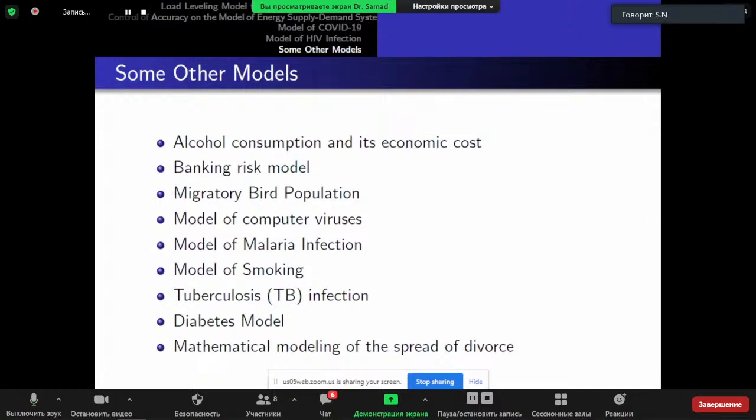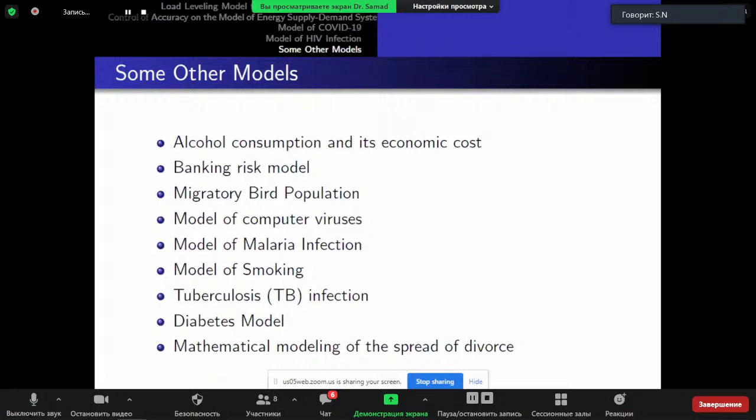But the models are related to social science, economics, and also environmental science. Here we can see the first one, alcohol consumption and its economic cost.